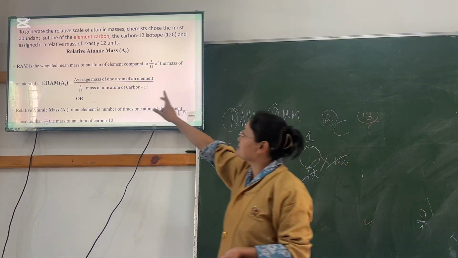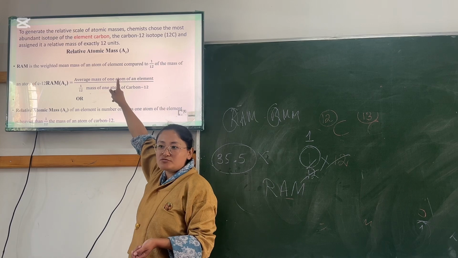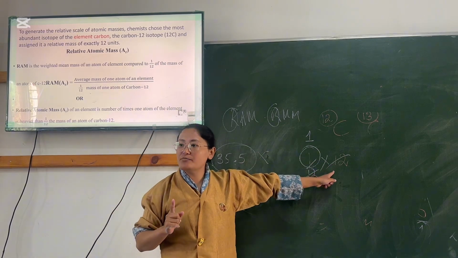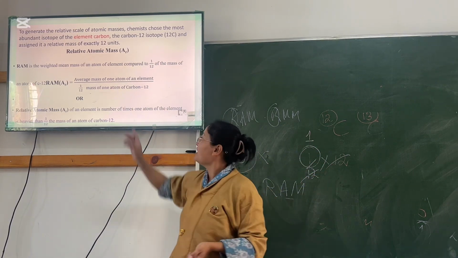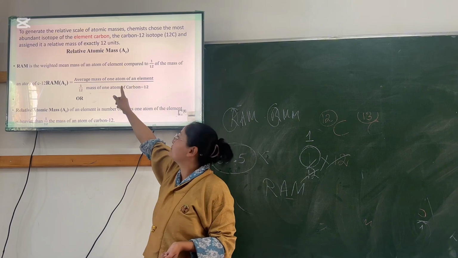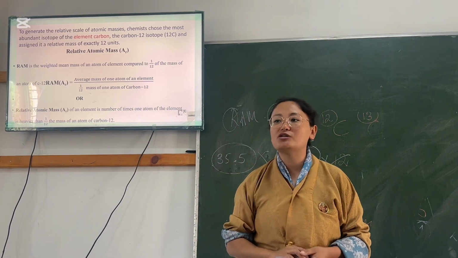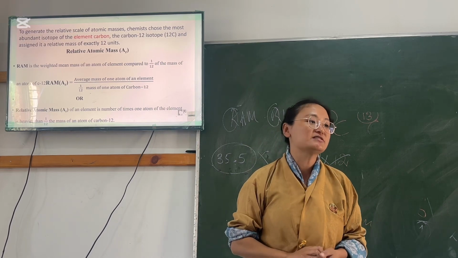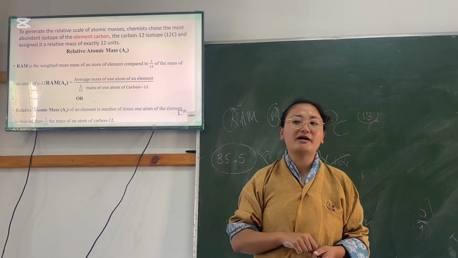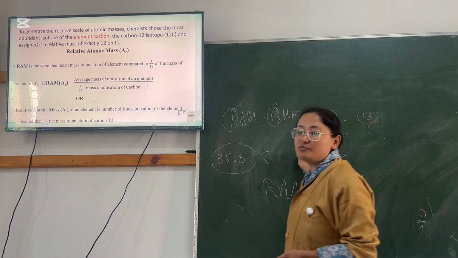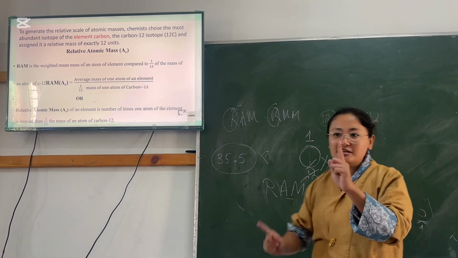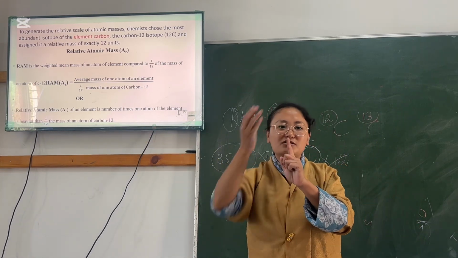Relative atomic mass is the average mass of one atom of an element, taking care of the relative abundance of the isotopes. Then you compare it with 1/12 the mass of carbon 12 on the relative scale. Carbon 12 is the standard, the reference point, and 1/12 of it is given the value 1, so that how many times heavier becomes easier.